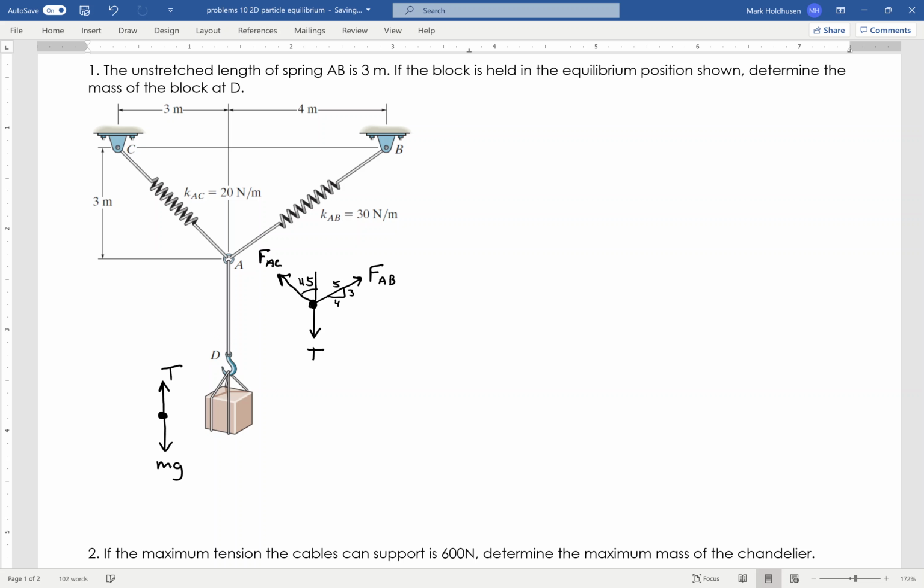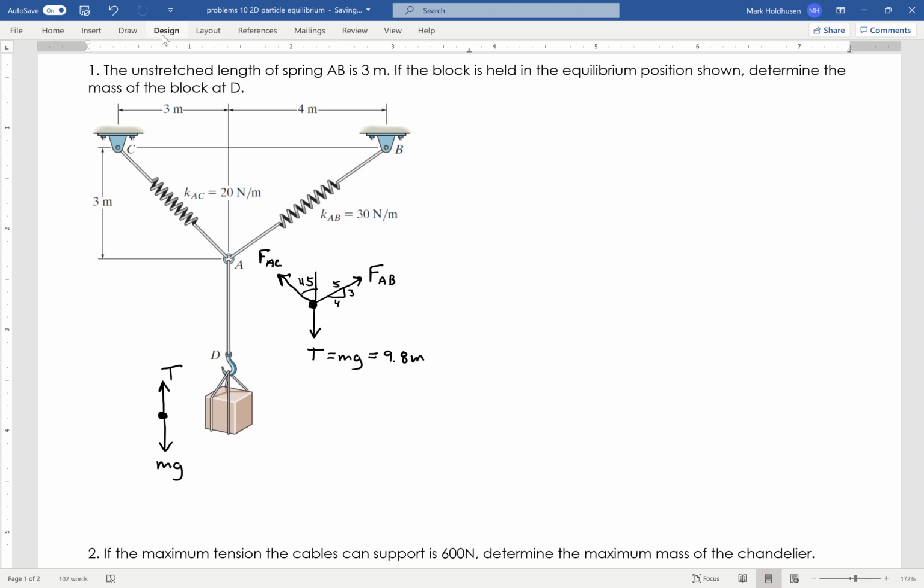Now that tension is the same tension that I've got in my original free body diagram. So very simply, I can sum the forces in the y direction and see that that tension equals mg. In the future, we would just call that mg there. And keep in mind, m is what we're looking for. g is 9.8 meters per second squared, so I'll just call that 9.8 m.